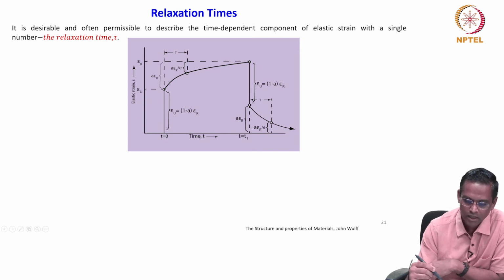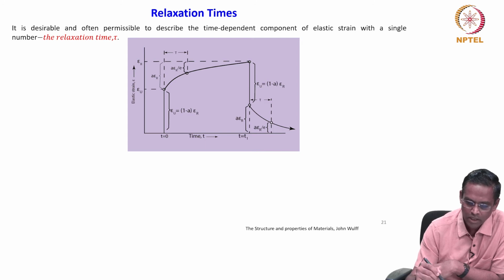Now we have two different parts of the curve. One is t is equal to 0, and it is almost like constant, and then slowly it relaxes to one point, and again unloading and then relaxes.